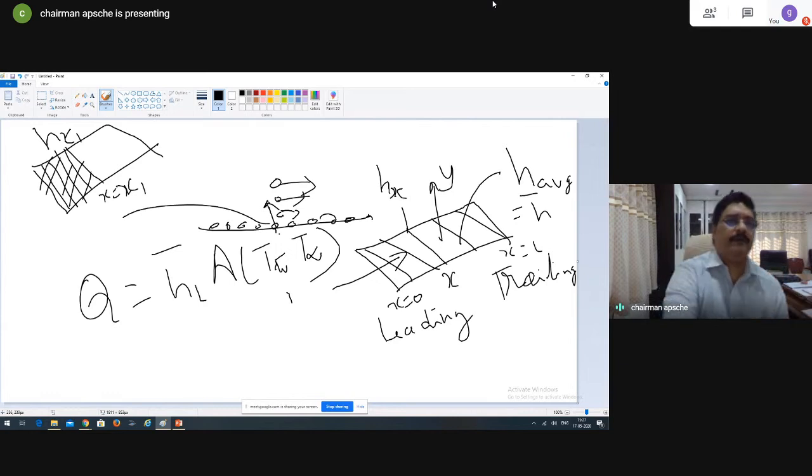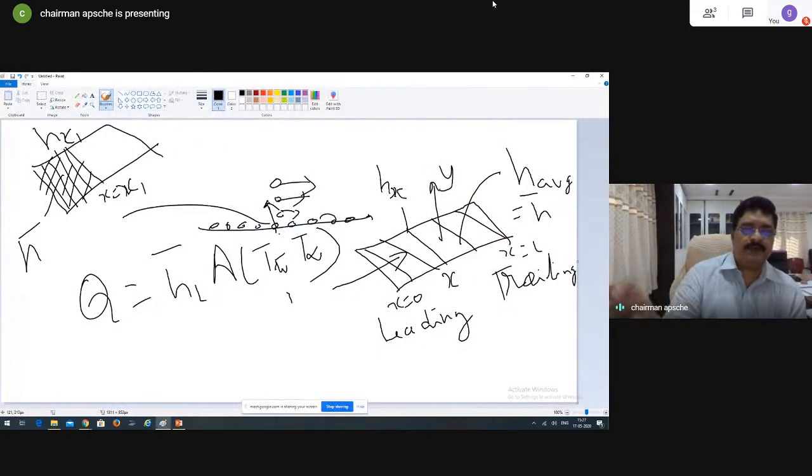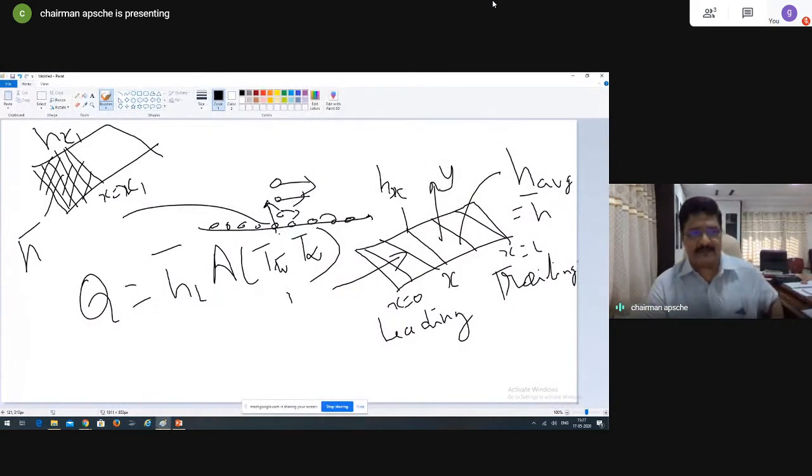Now you calculate all local heat transfers and get the average up to x1. You get h x1 bar. So the average heat transfer coefficient is h bar, but it is not till towards the end. It's not towards the trailing edge of the plate.